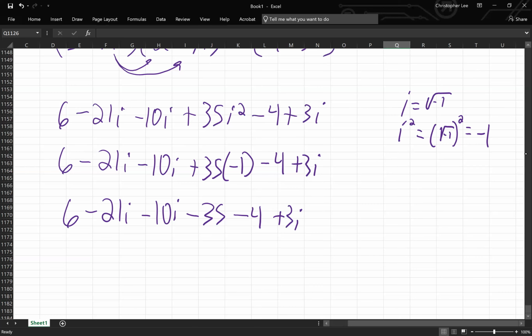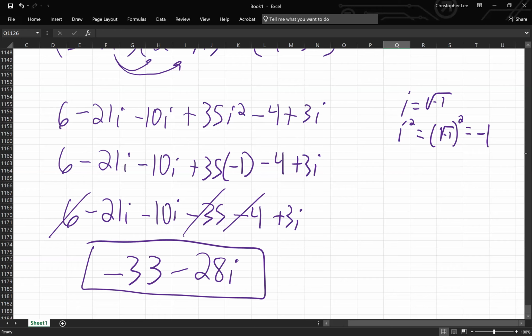All right, so I have a negative 33, right? And then negative 21i minus 10i is negative 31. And then negative 31i plus 3i is what? Negative 28i. And this is my final answer. That's it. Questions on that?